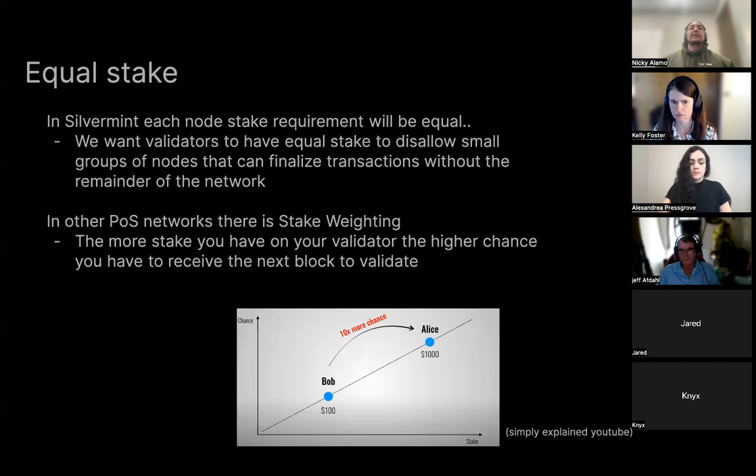Let's dive into equal stake because it's really important. It's easier to see with this little graph, I hope you can see it. This is stake weighting on a proof of stake blockchain network, which gives you a higher chance the more stake you have on your validator.